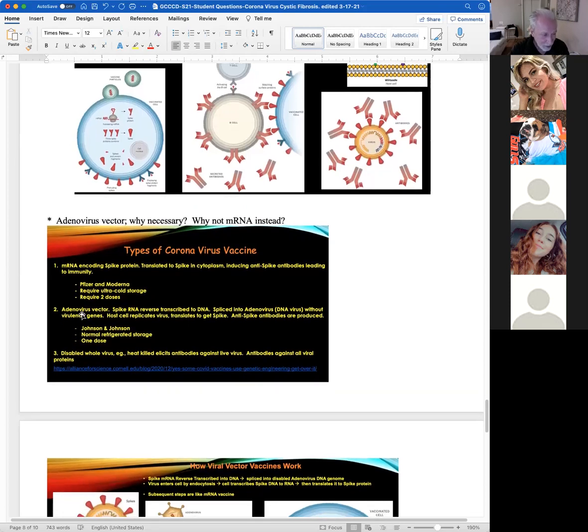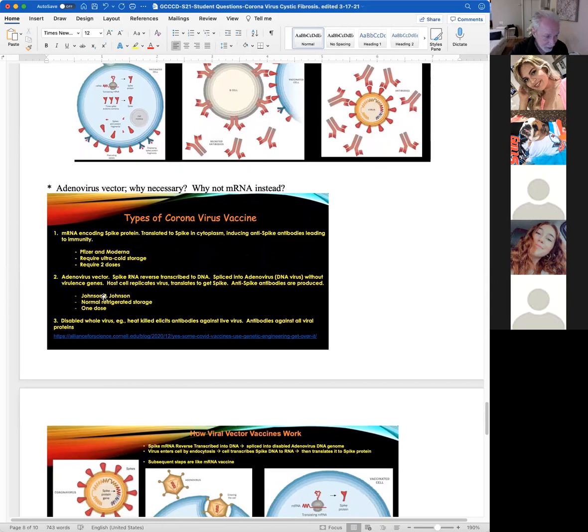Now, there's another type of vector called adenovirus. This is a much older, tried and true technology. It works for a lot of different vaccines. It's very good at vectoring almost anything that you want into a cell, and that's because adenovirus is highly evolved to invade cells.